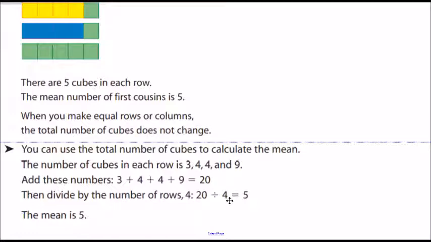So the mean is 5. This is something that in everyday conversations we often call the average. But it does have this very specific label, which is the mean. Average actually refers to a collection of different things that we're going to learn about in this next unit.